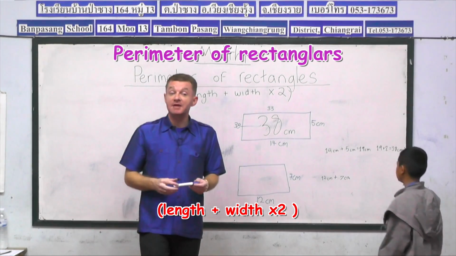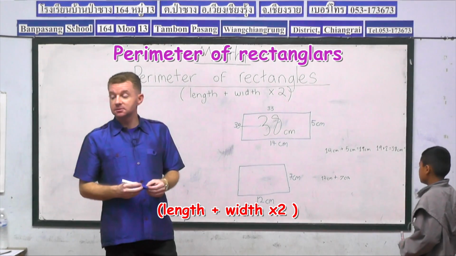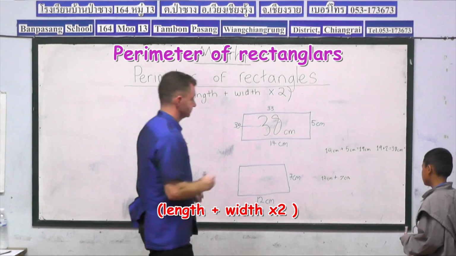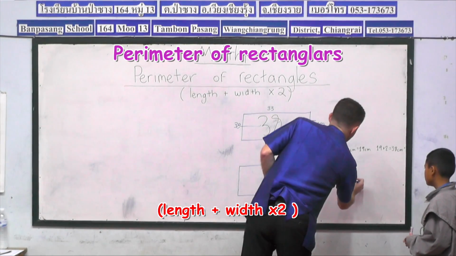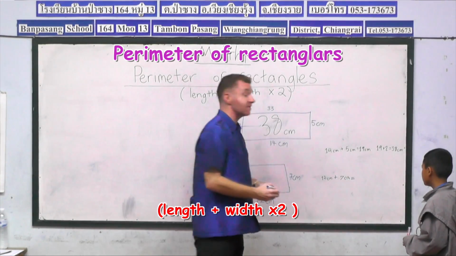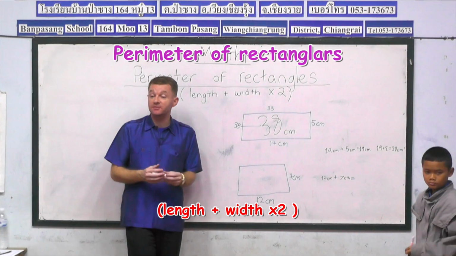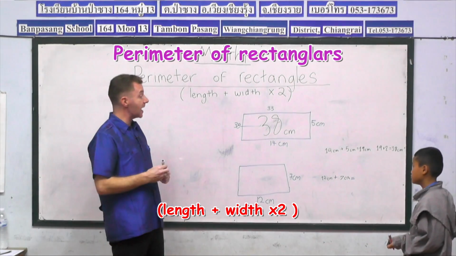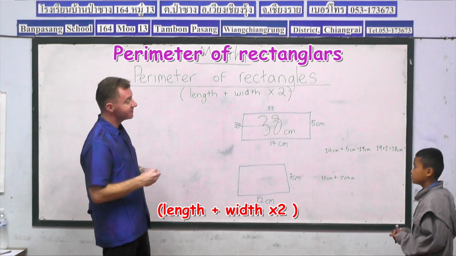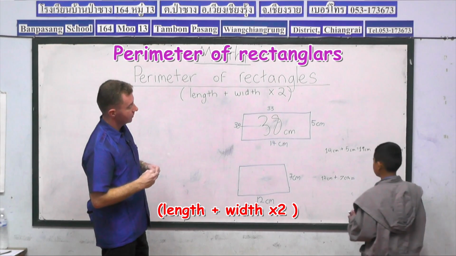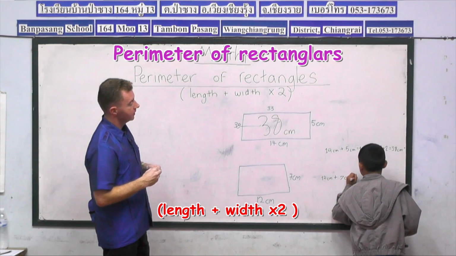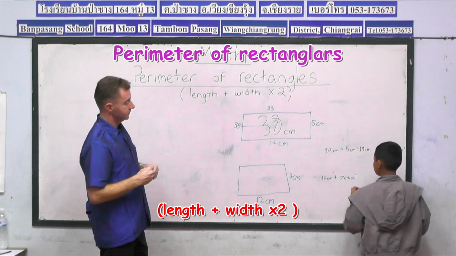What's 12 plus 7, guys? 19. And then we write the answer here. So 12 plus 7, 19 centimetres. 1 and 9. Can you write the answer, please, Chu? 19.